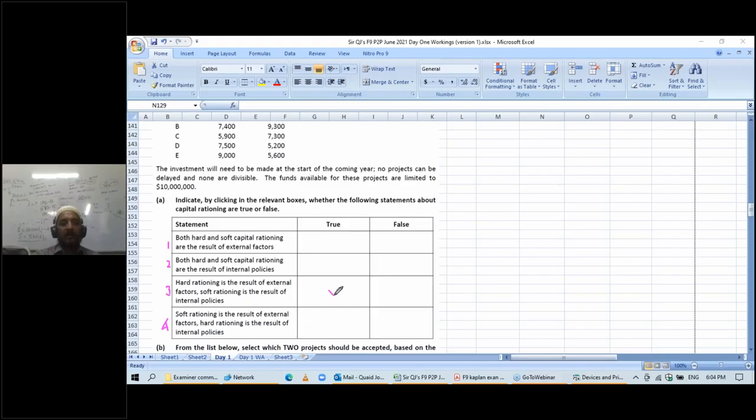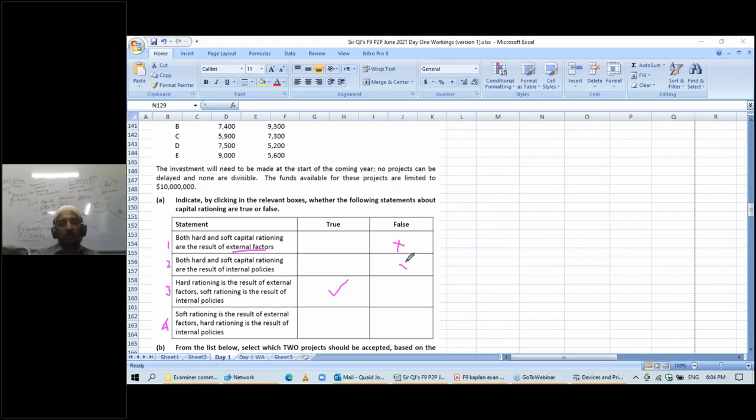Hard rationing is the result of external factors and soft rationing is the result of internal policies. The first one is not correct because both hard and soft rationing are not a result of external factors. Only hard is, and then the second one is both hard and soft are the result of internal policies.